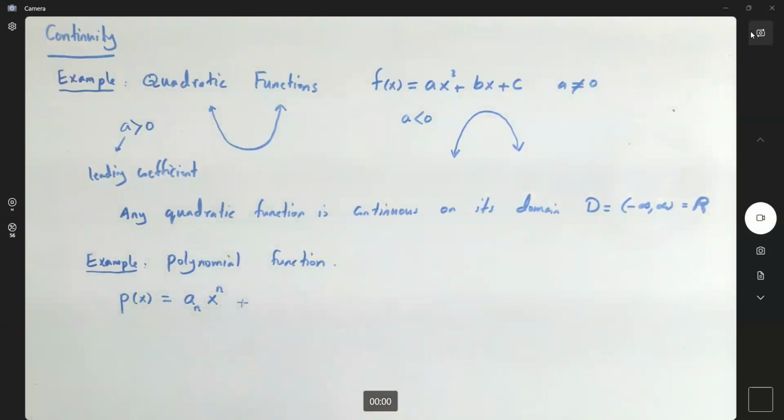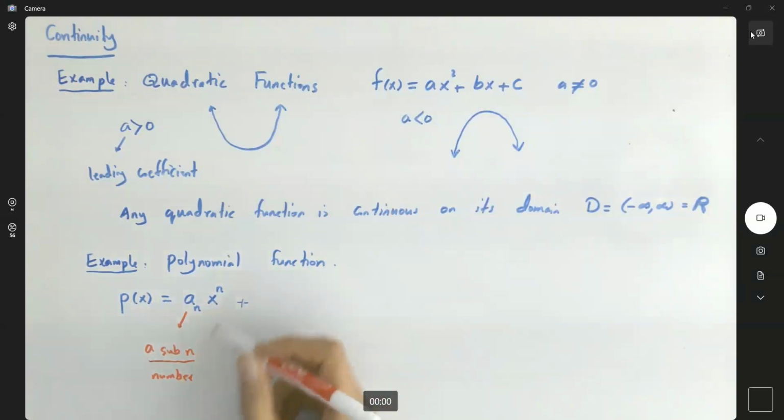The way that you read this, a sub n is just a numerical value. Your x is raised to the nth power, plus.